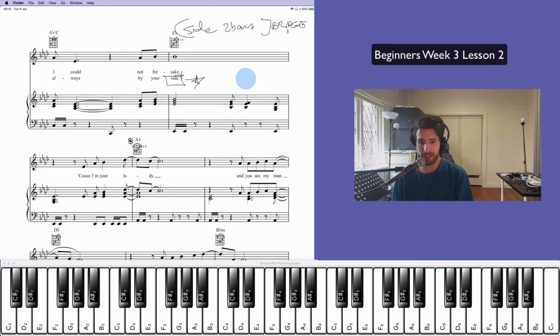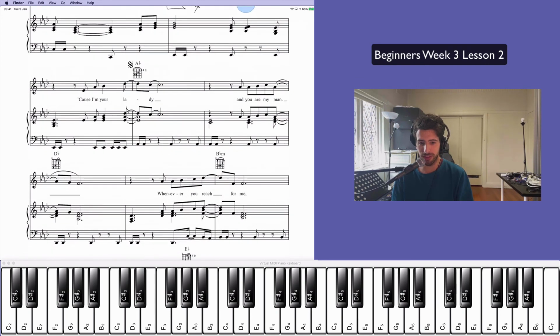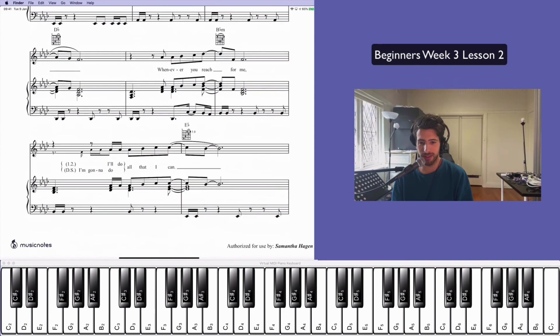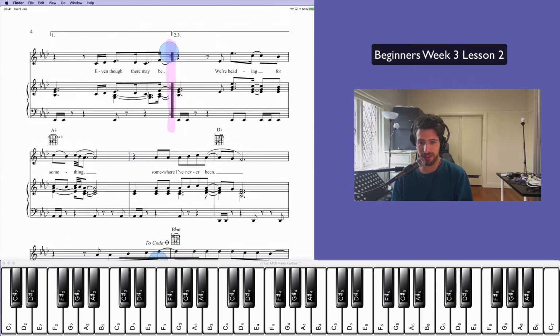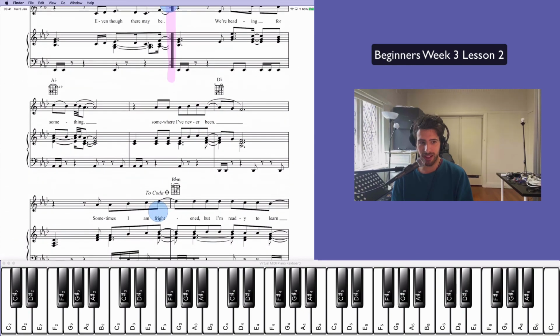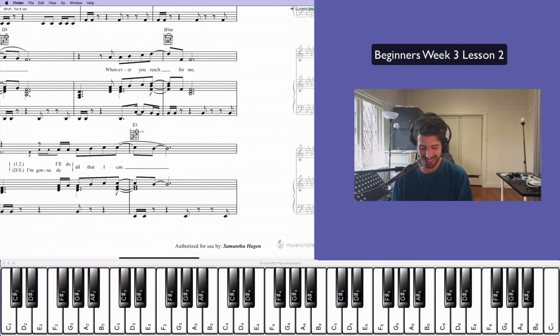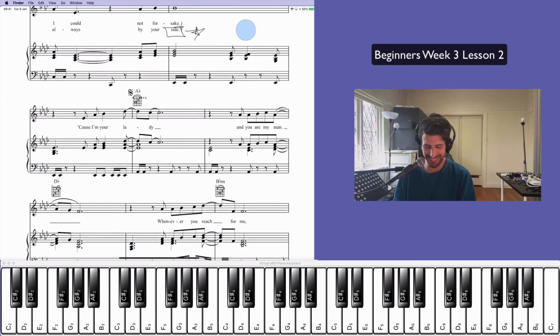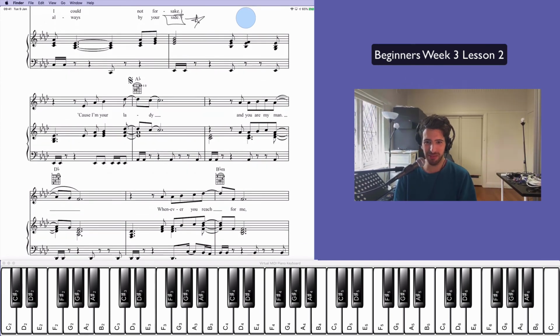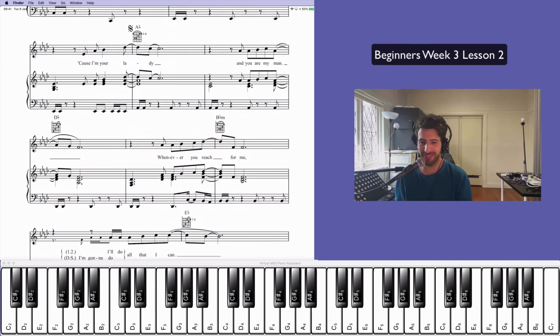But again, a song like this, I take all of this sheet music with a large grain of salt, because, oh, it's this song. Sorry, I just realized what it is. It's this song. Is it? Okay, yeah. Great song.